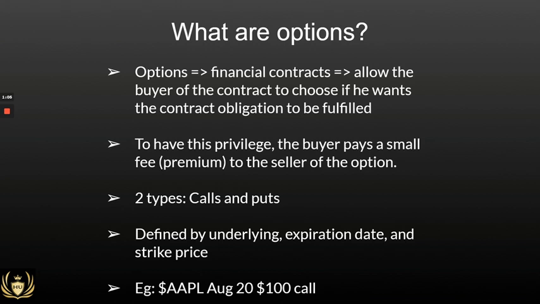But for this option, the buyer has to pay the seller a fee. That's called the premium. So the fee that the buyer pays the seller allows him the freedom to go on with the obligations at the time when the contract needs to be fulfilled.